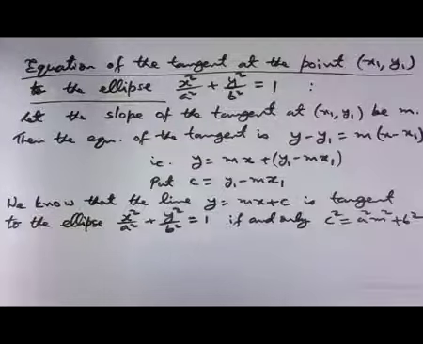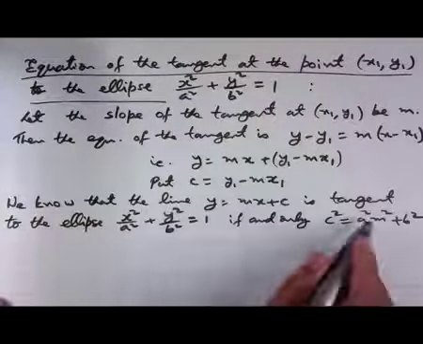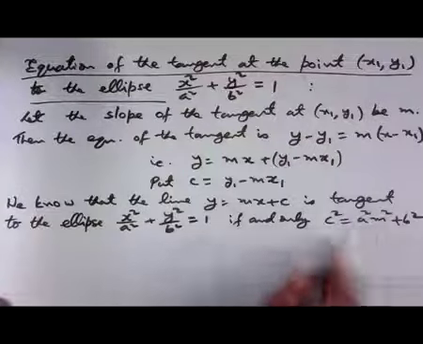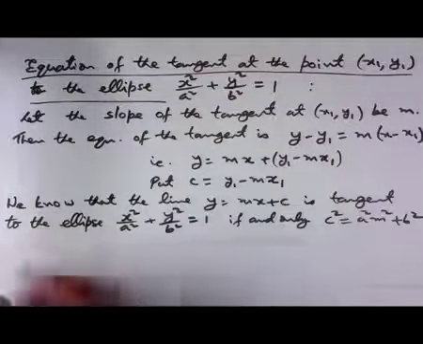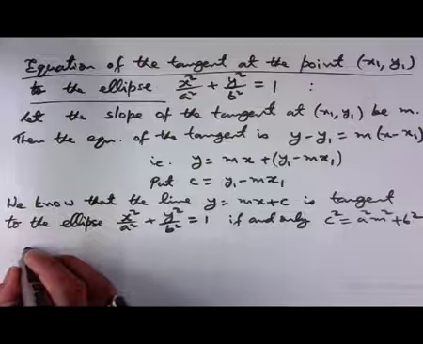This is the condition for the line to intersect the ellipse in just one point, in which case it will be tangent.